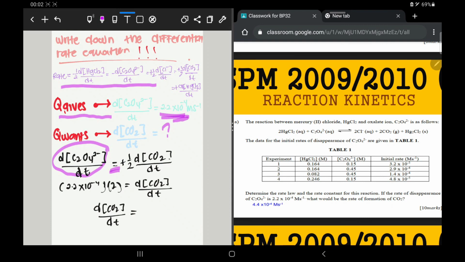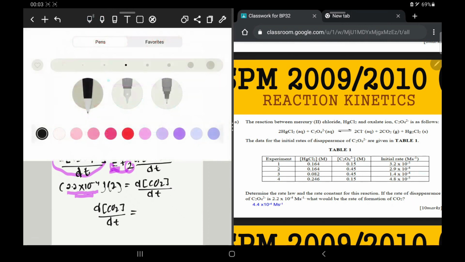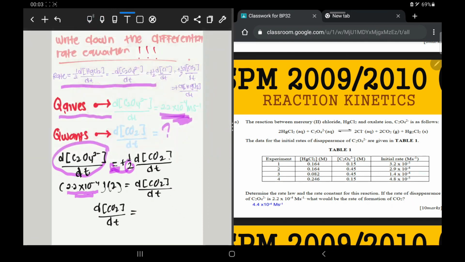So you just substitute this value into this formula, then you bring the 2 to the front, you multiply, and you will get a value around 4.4 × 10^-4 M s^-1. So you will get the value of the rate of formation of CO2.